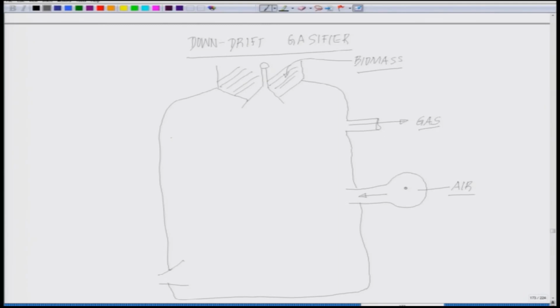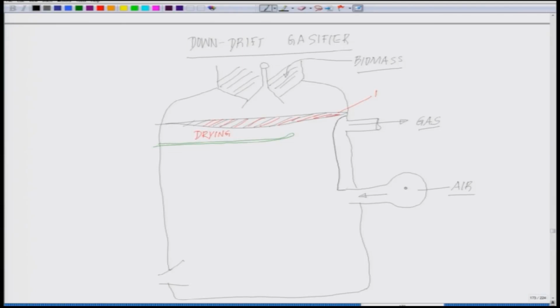And just above this port, the region what you see out here, which I am now shading, let me use a different color for better understanding. This is where you are having the drying zone. And underneath it, which I will be putting in green, there is one small partitioning out here.